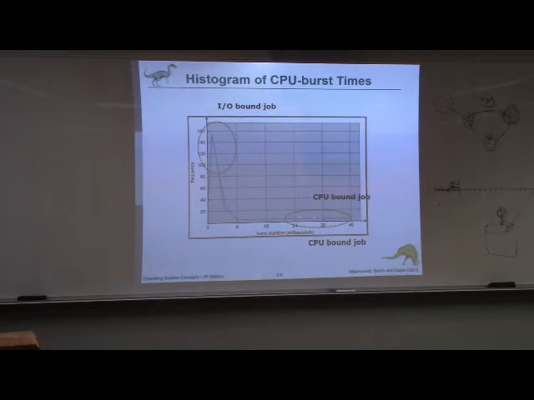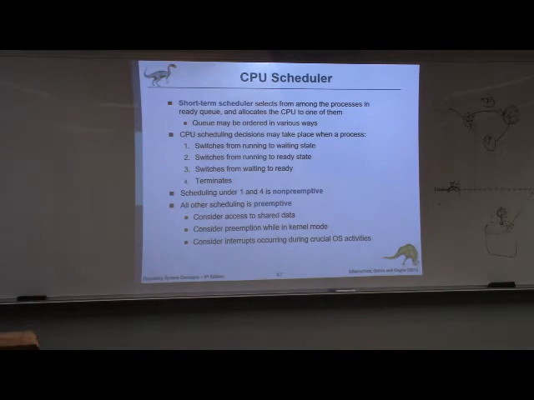A CPU bounded job needs a longer time on the CPU, because definitely this job needs more CPU time. So we try to utilize this amount of time of the CPU bounded job for another process. That's the idea of the CPU scheduler.